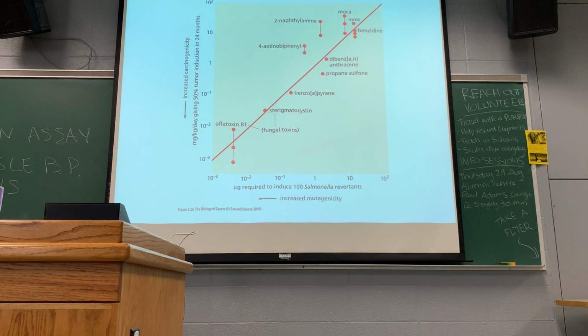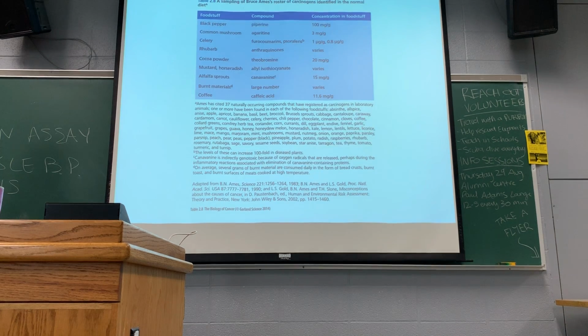Okay? So this test, as I said, is really easy and cheap to do, and so scientists were doing this test on everything they could get their hands on to try to figure out, well, what should we be eating then, right? What is a mutagen or not a mutagen? And here's a list of things that are identified.